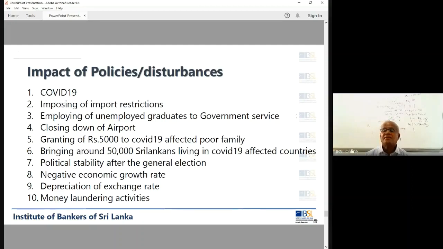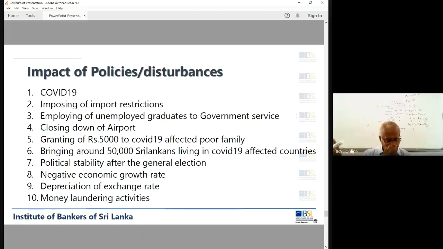That is, imports will be expensive. The price of imports will go up when the currency depreciates. Obviously, the quantity of imports will go down. Exports will be cheap to foreigners in terms of dollars. If they want to buy 1 kilogram of tea, paying $1 means 150.